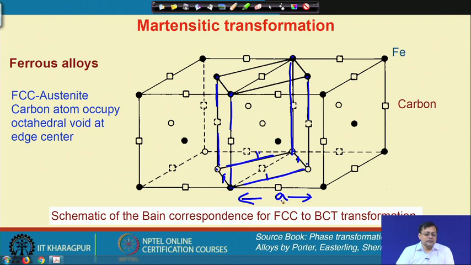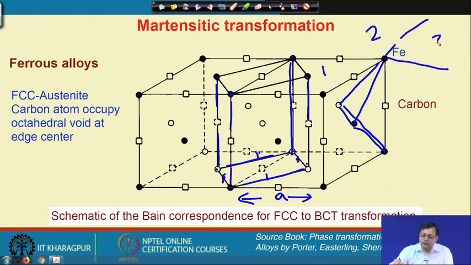Now, carbon atoms actually occupy the octahedral sites, because if you have a look, we can consider 1, 2, here is another one, here is another one and here is another one. So, 1, 2 on the opposite side, then total will be 8, actually 2 multiplied by 4.